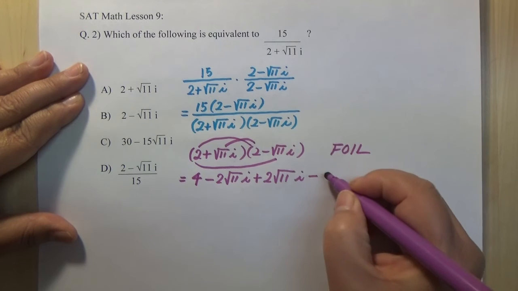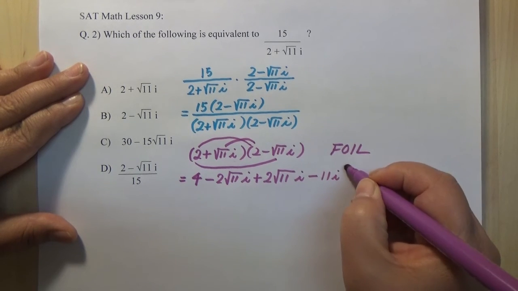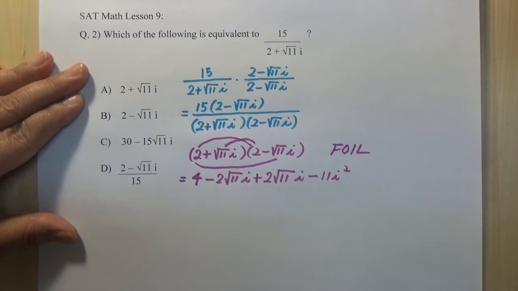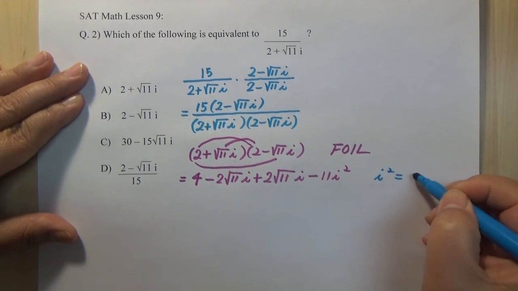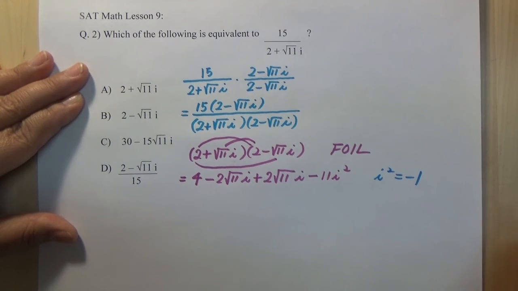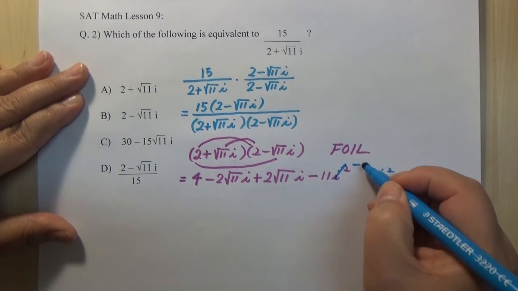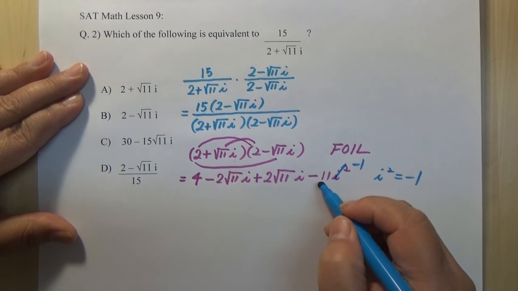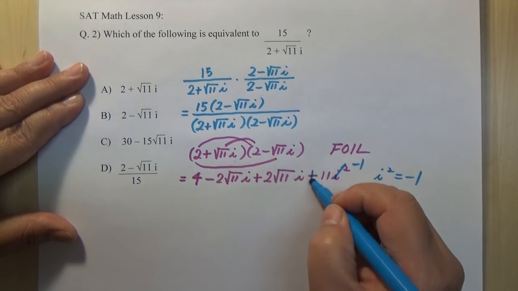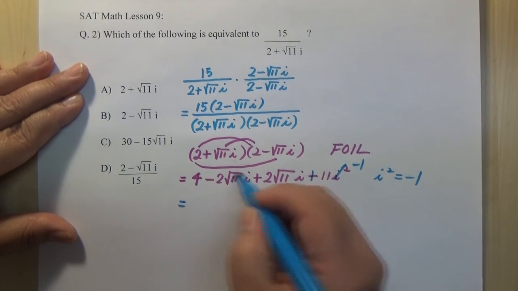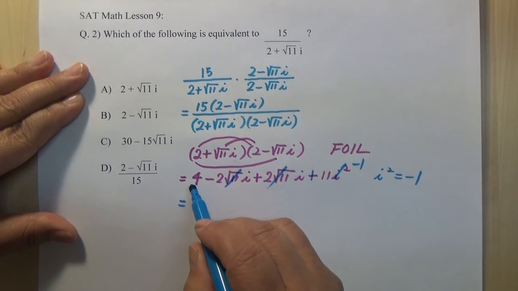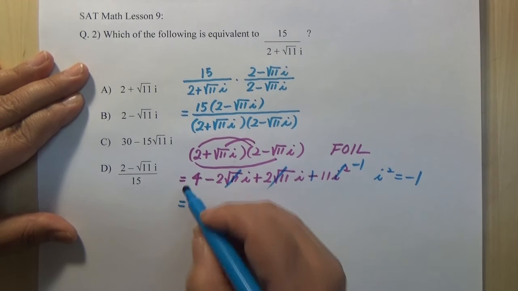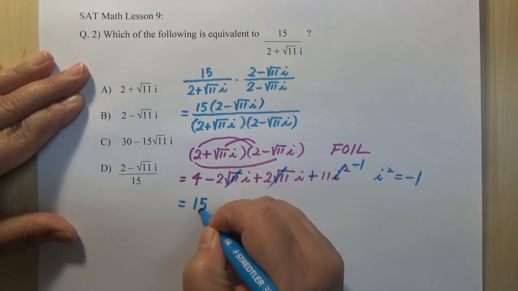And then this is the same thing as before. i squared is negative 1 because of the definition, and this is negative 1. So negative 11 times negative 1 is positive 11. So this and this will be cancelled out, and the real numbers 4 plus 11 is 15.